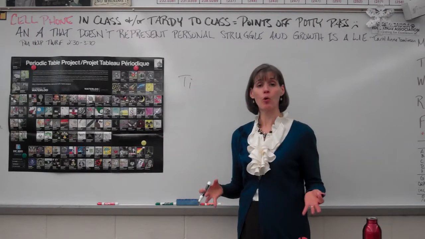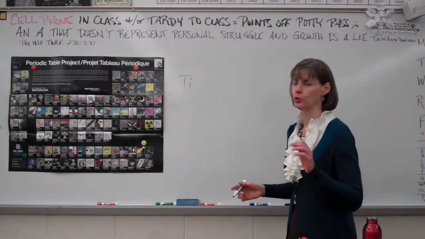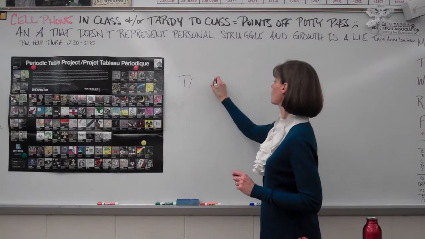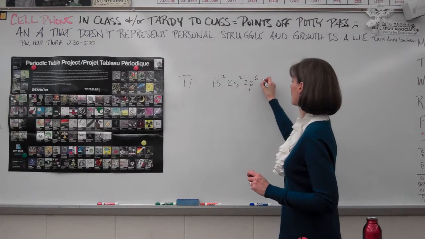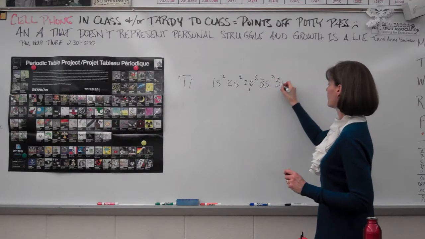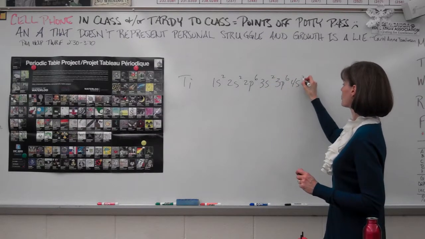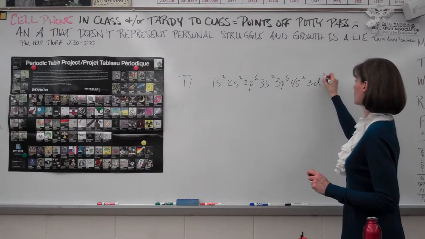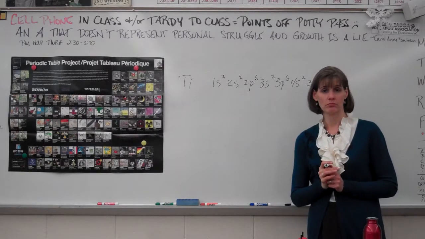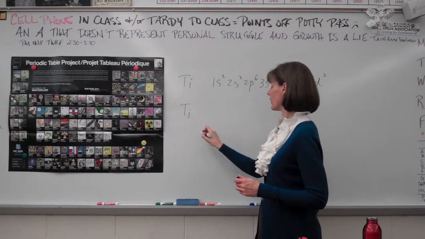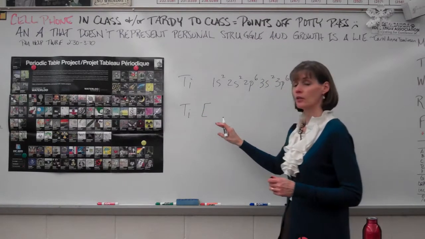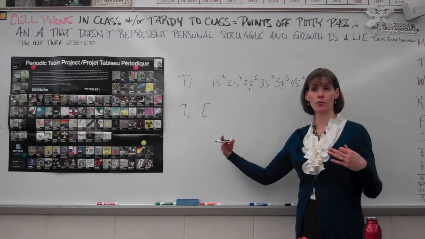Titanium. And I'm going to write out the whole thing, even though you know the noble gas shortcut. We'll do both ways. So we have 1s2, 2s2, 2p6, 3s2, 3p6, 4s2, 3d2. If we wrote that with the noble gas convention, I would put the noble gas that came right before the row titanium's in.